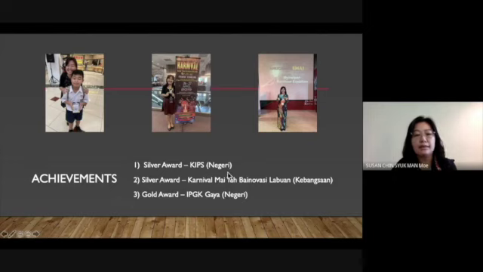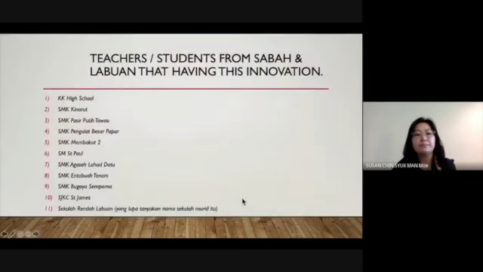Okay, it's a state level last year, and silver award last year peringkat kebangsaan in Labuan, gold award state level last year in IPGK Gaya. And my innovation is already shared out to these 11. Actually, 10 of them are the schools who purchased the MyHelper rainbow equation and MyHelper balancing mat.